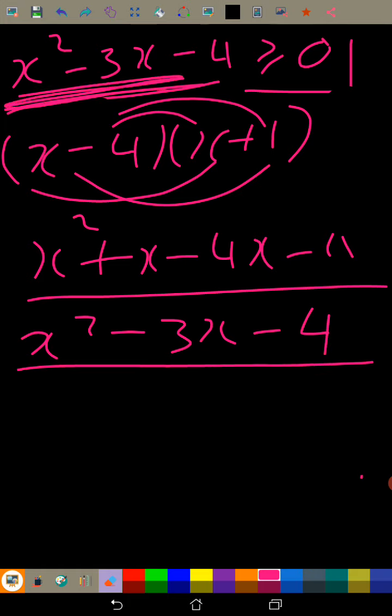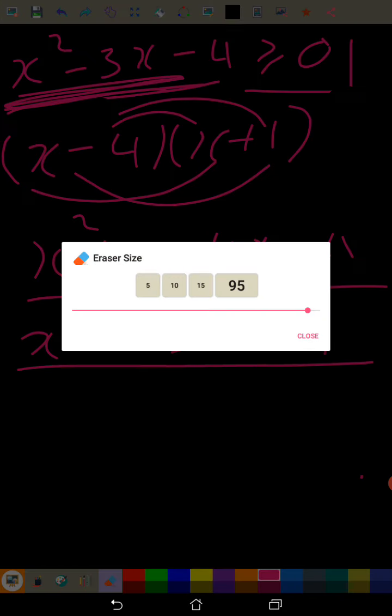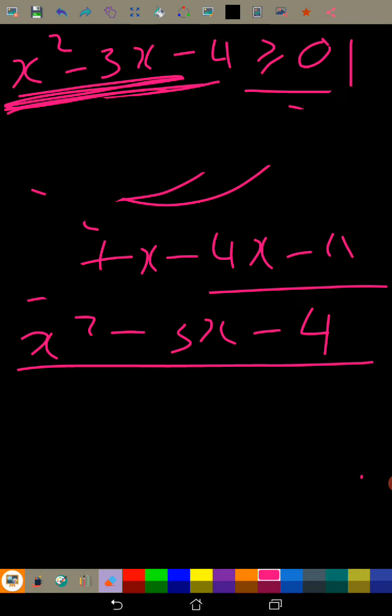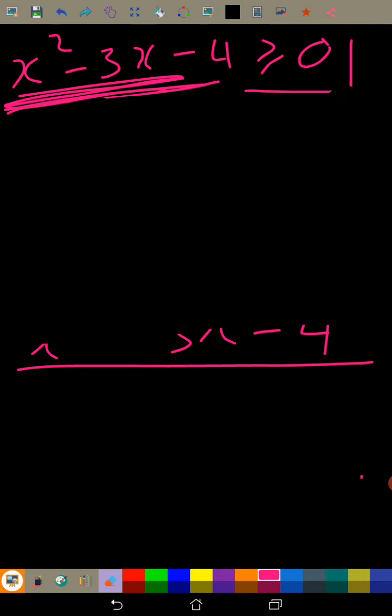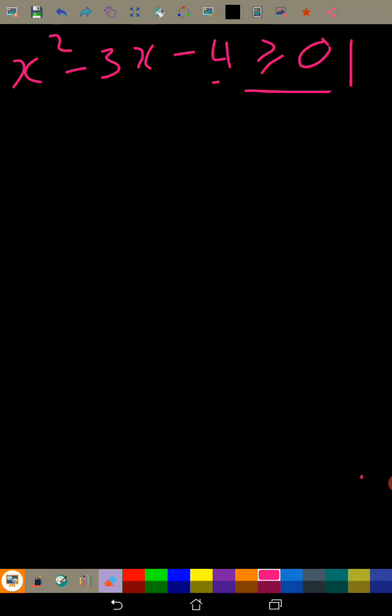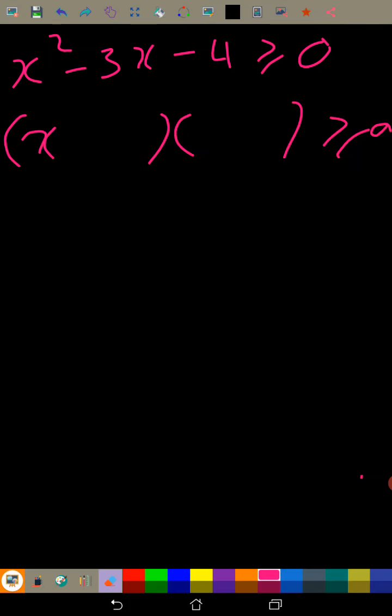Which means that this is the right way to factorize this expression. Let me make it beautiful for you. I'm going to write x squared minus 3x minus 4, greater or equal to 0, as x minus 4 and x plus 1.